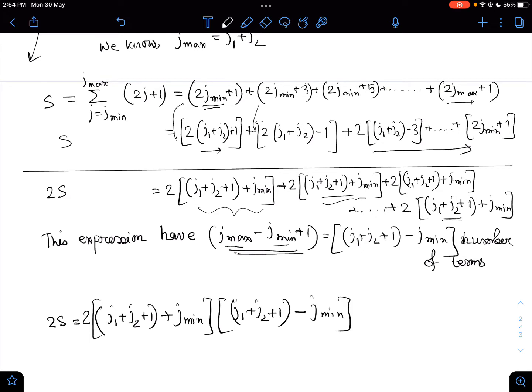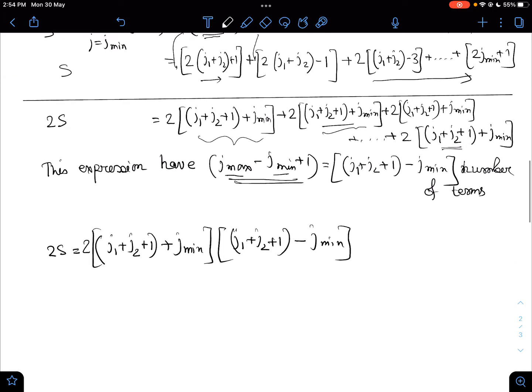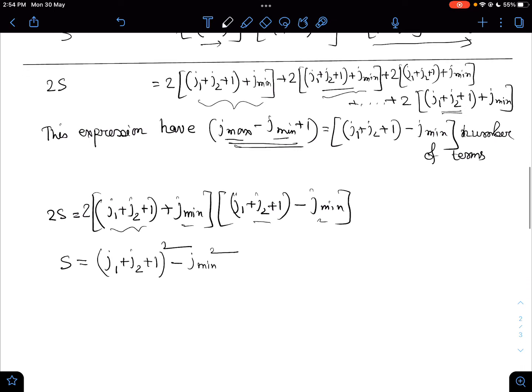So this expression can be written as (J1 plus J2 plus 1) squared minus J minimum squared, because this is (a plus b) and (a minus b). So S can be written as this. So this is equal to the dimension of the product space, which is 2J1 plus 1 into 2J2 plus 1.